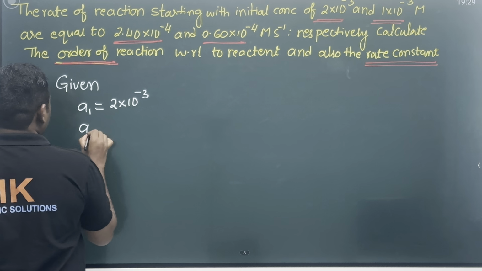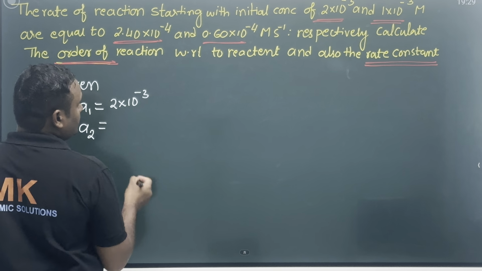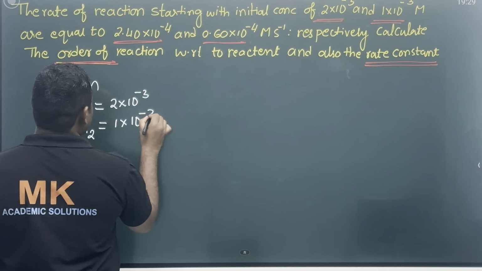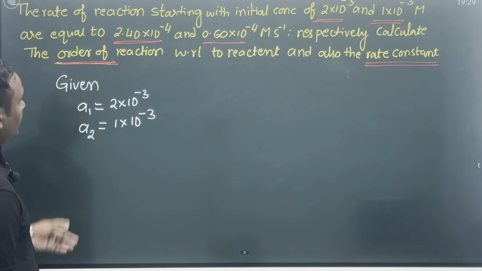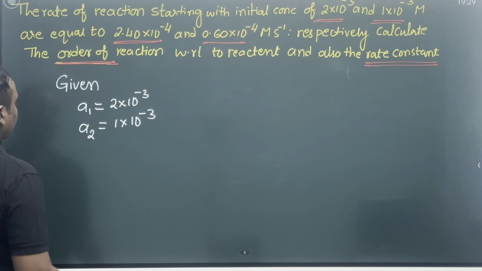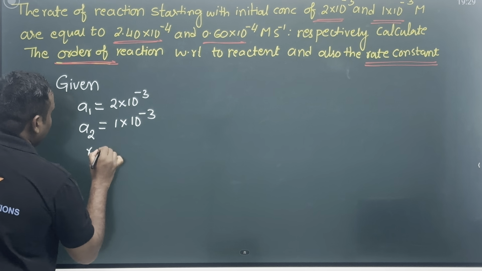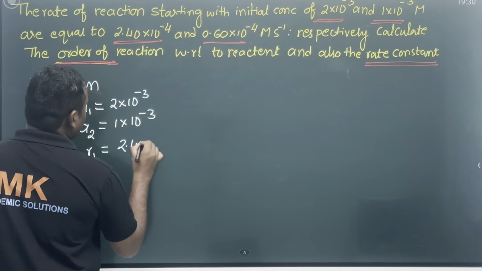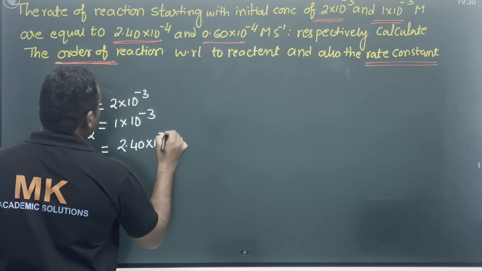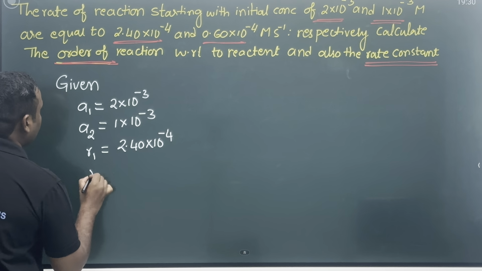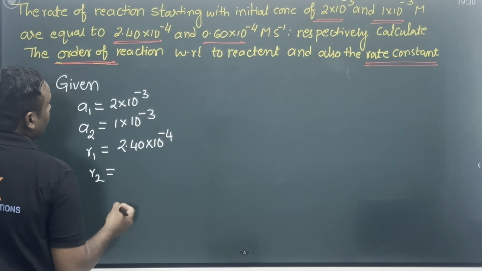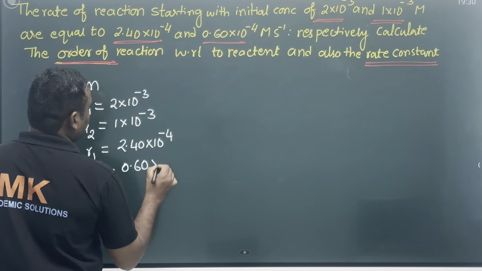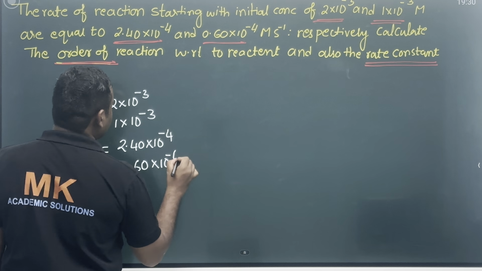And A2, second initial concentration, is 1 into 10 to the power of minus 3. And next, rate of reaction R1 is equal to 2.40 into 10 power minus 4. Next, R2, the rate, is equal to 0.60 into 10 to the power of minus 4.